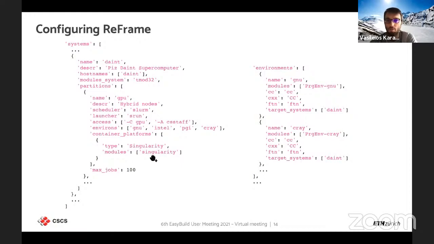These have nothing to do with scheduler partitions. It's just a way that you present the system to ReFrame. So here we define the GPU or hybrid node partitions that use the scheduler plus srun. And then here is how you get access to that particular partition.